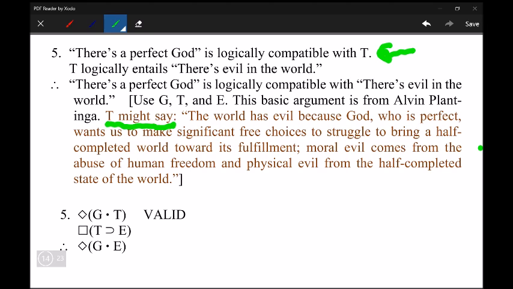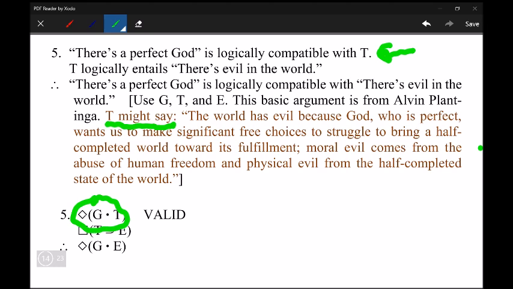You just have to say there is a perfect God is logically compatible with this theodicy. In other words, you don't have to even assert that it's true. You could say, yeah, there might be objections to it, etc., but it's possible that there's a perfect God, and T explains why there's evil in the world. These two fit together. They're logically consistent with each other. That's a very weak claim.